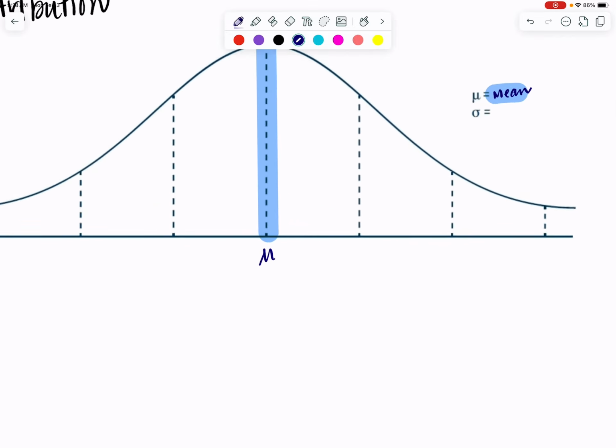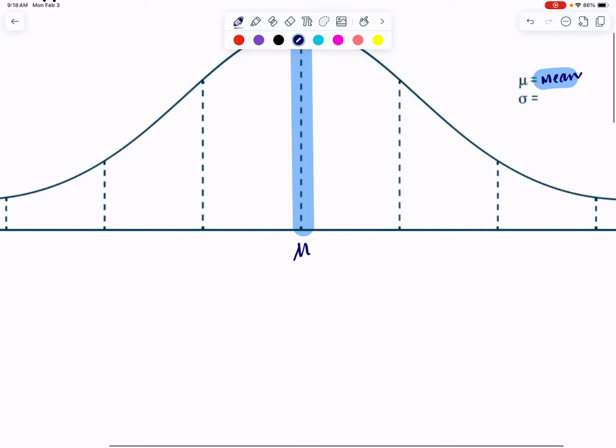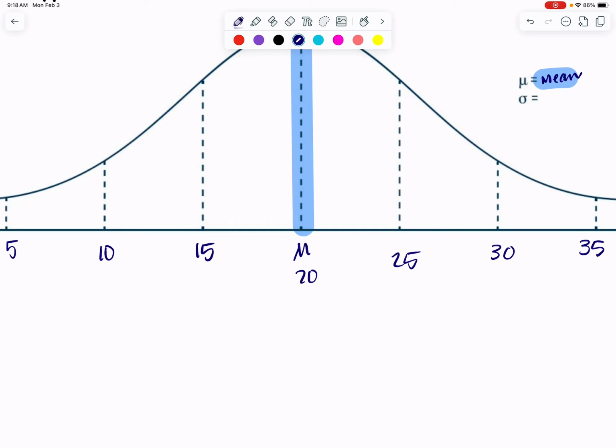So if I stick some random numbers in here, maybe this is 5, 10, 15, 20, 25, 30, 35, just totally pulled those out of my head. That means with this set of data, 20 would be the mean.